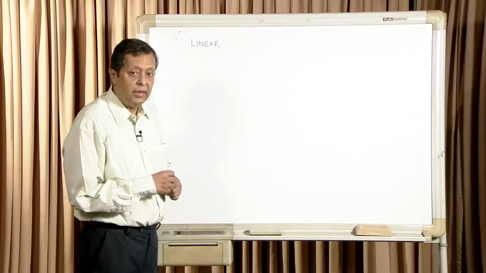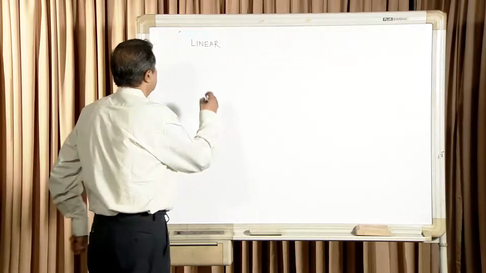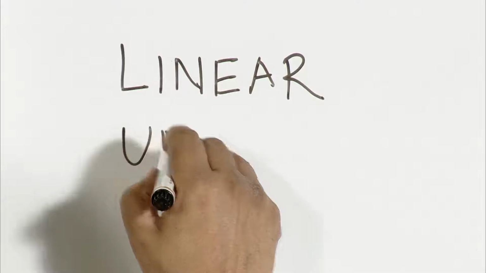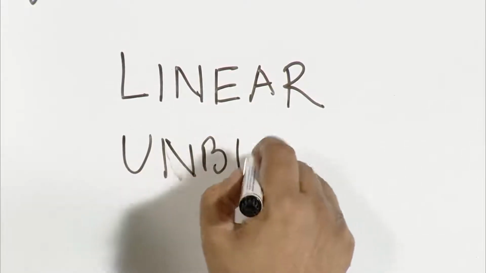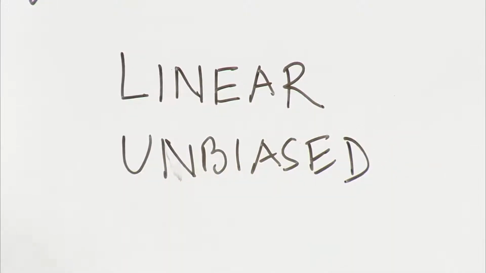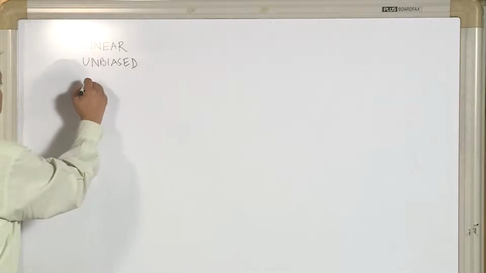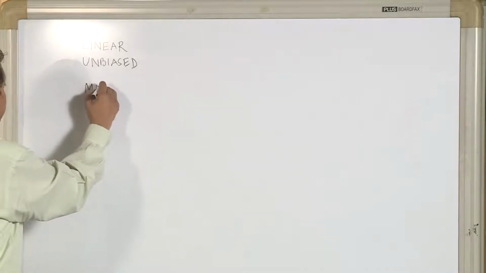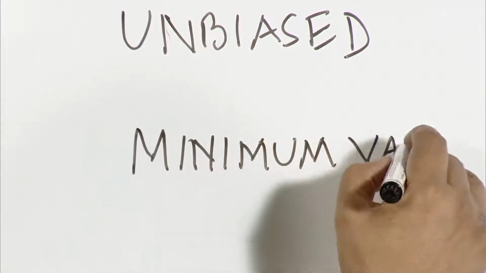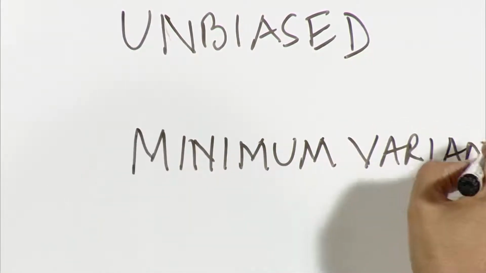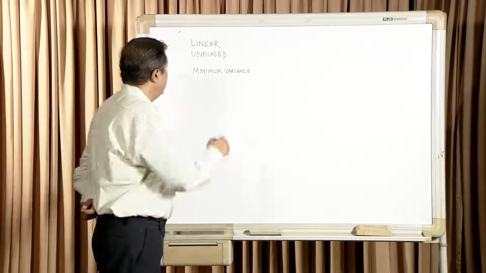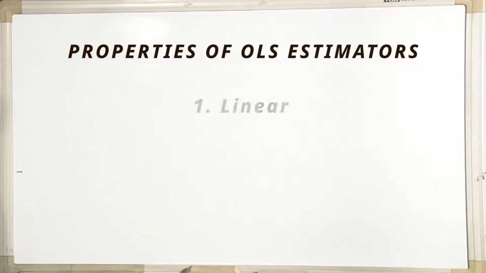So, there are three broad aspects: linear, unbiased, and minimum variance. We will consider each at a time.